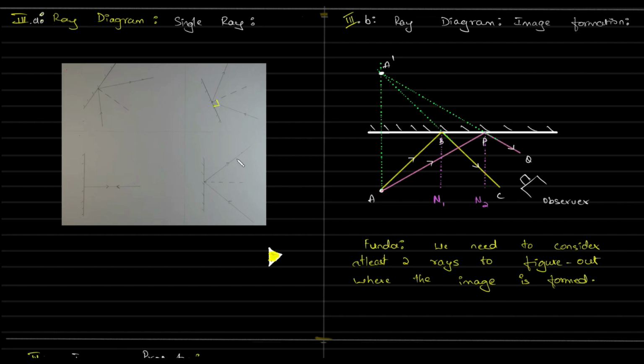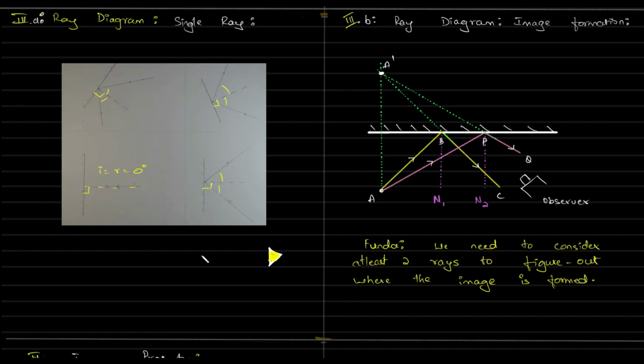The normal has to be at 90 degrees. I've repeated this quite a few times before, but I want you to understand it and not forget it. The angle is always measured with respect to the normal. In this case, the incident ray and the reflected ray are in the same straight line because the angle of incidence and reflection is equal to 0. So this is the line for the normal as well.